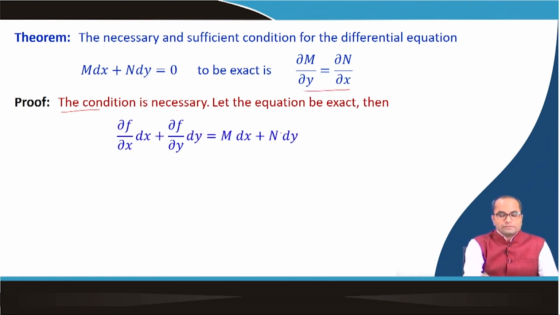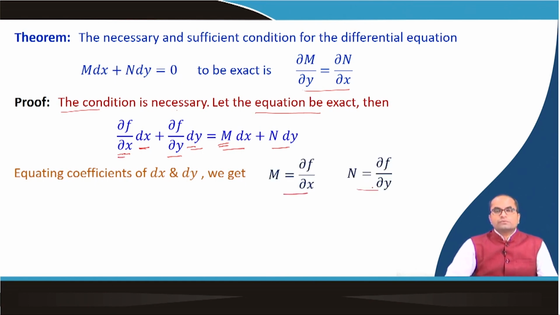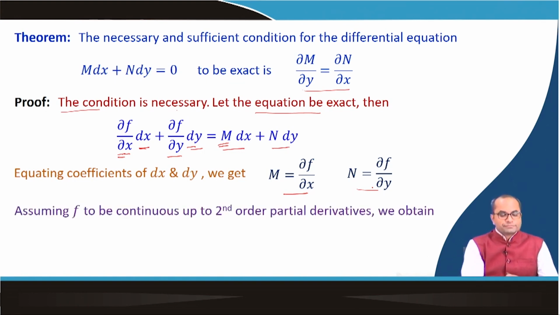So, if the given equation is exact, that means f_x dx plus f_y dy must be equal to M dx plus N dy, as per the definition of exactness. And now we can equate the coefficients of dx and dy. So, here M is equal to f_x and N is equal to f_y, the partial derivative of f with respect to y.